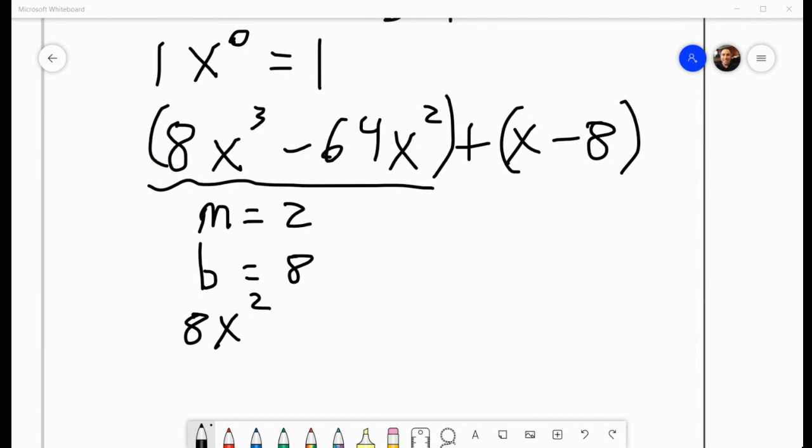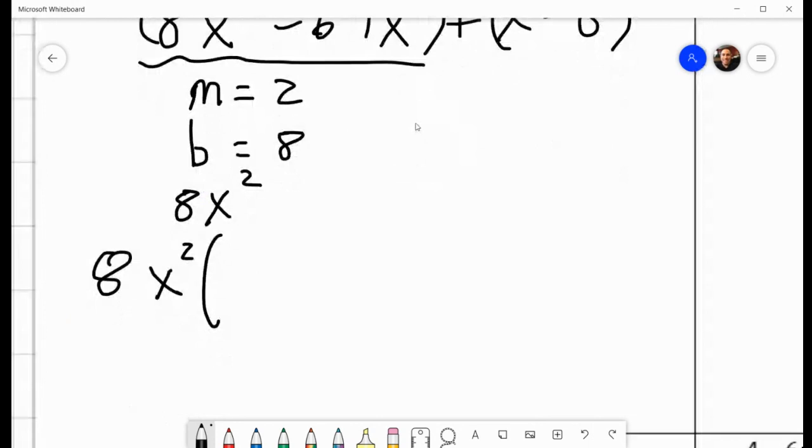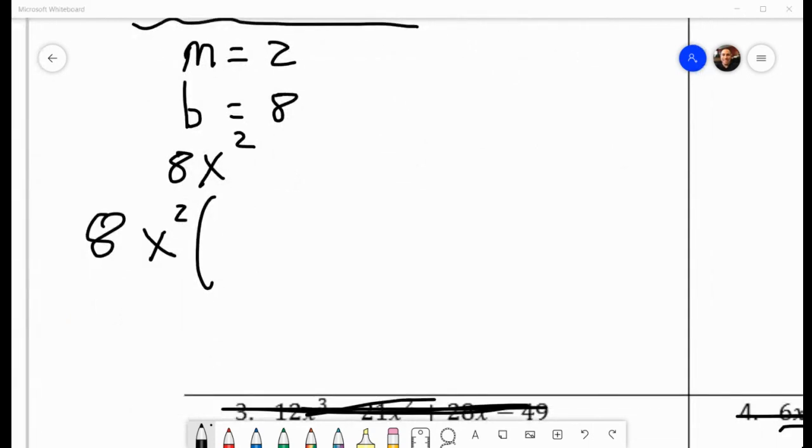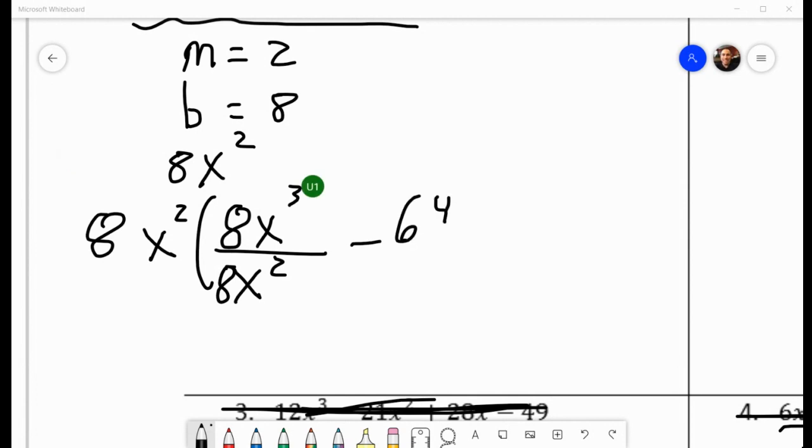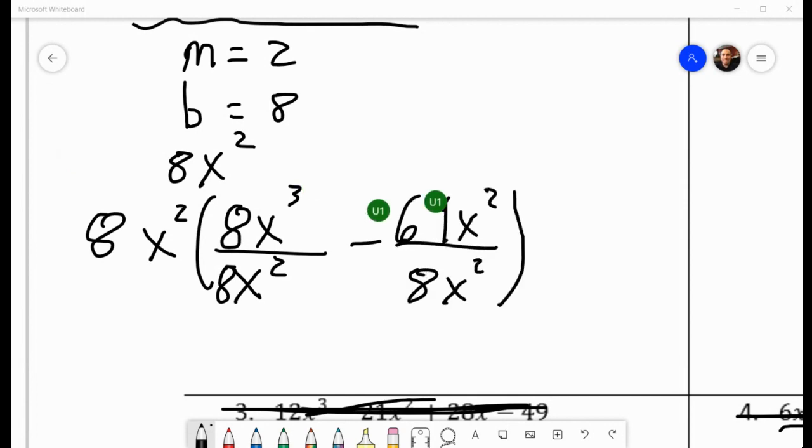And again, we have to divide to see what's left over. So we get 8x cubed over 8x squared minus 64x squared over 8x squared.